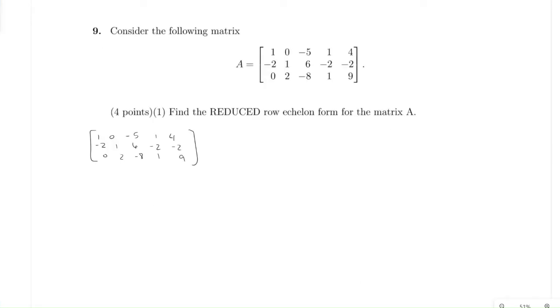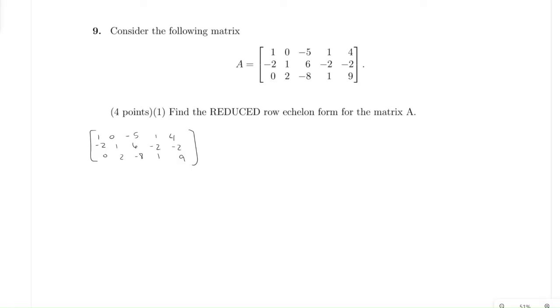Okay, so in this problem we have this matrix A, and we want to have it in reduced row echelon form. So what that means is we want something where the leftmost entry on any row is 1, and that 1 is the pivot entry.